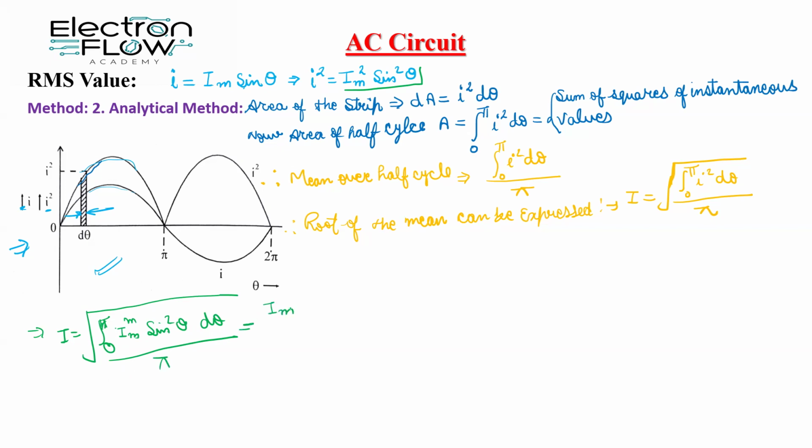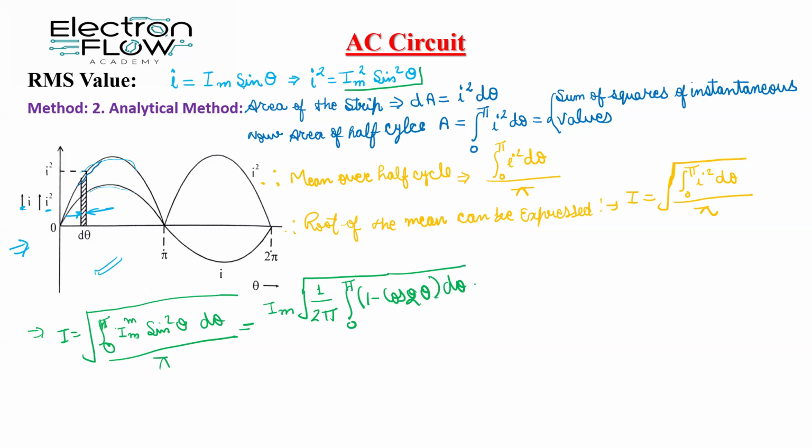So Im multiplied by the square root of 1 upon 2 pi. The integration of sine square theta is equal to 1 minus cos 2 theta multiplied by d theta.